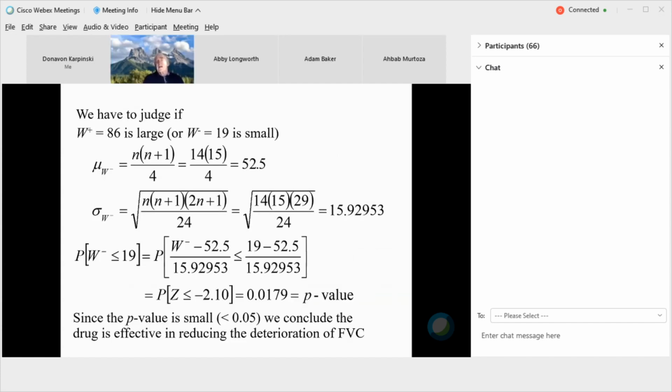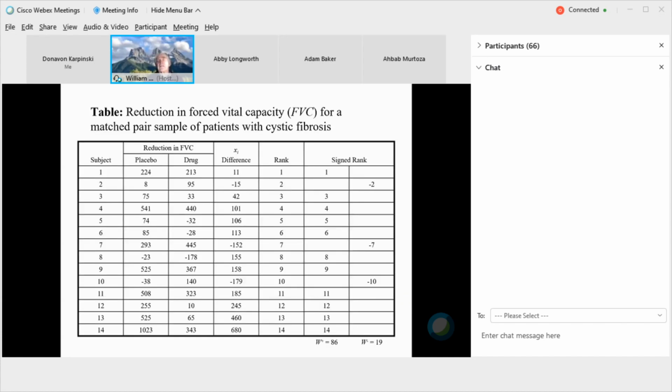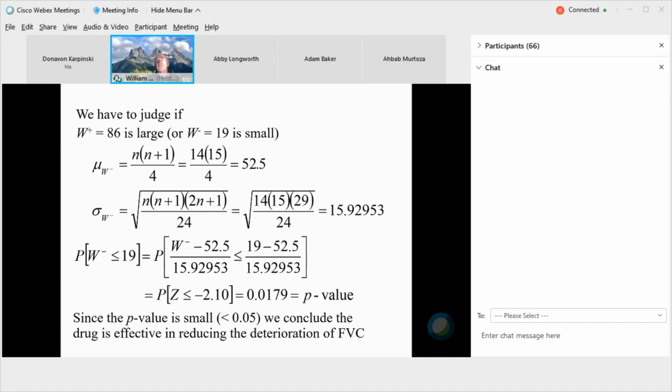We have to judge whether W plus is large. Here W plus is 86. Equivalently, W negative is small. We have a sample size of 14, so we'll use the normal approximation. The mean of both W negative and W plus is n times (n plus 1) over 4, which is 52.5.